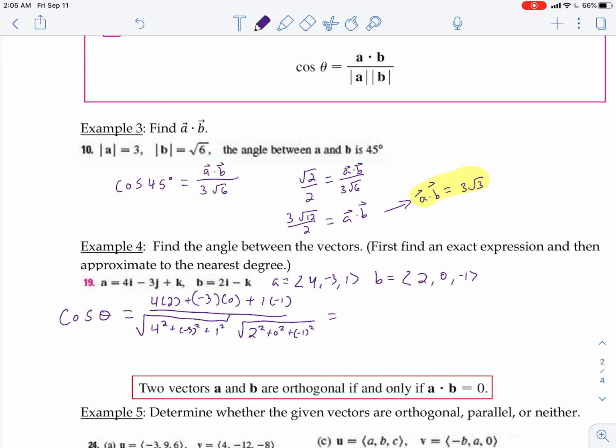And so 4 times 2 is 8, 8 plus 0 minus 1. So in the numerator, we're just going to have 7.